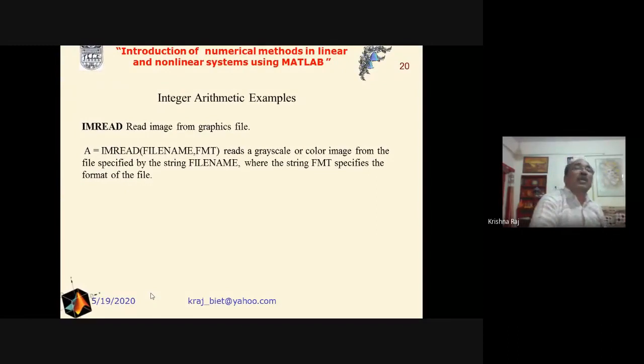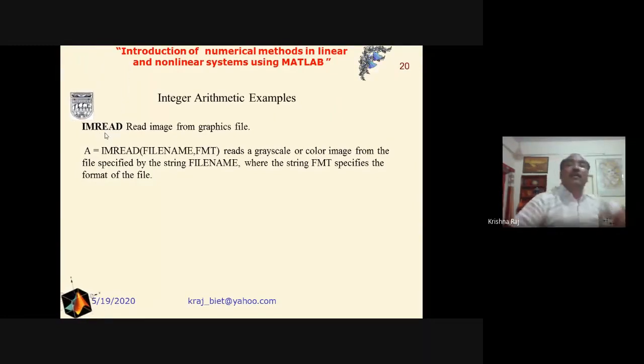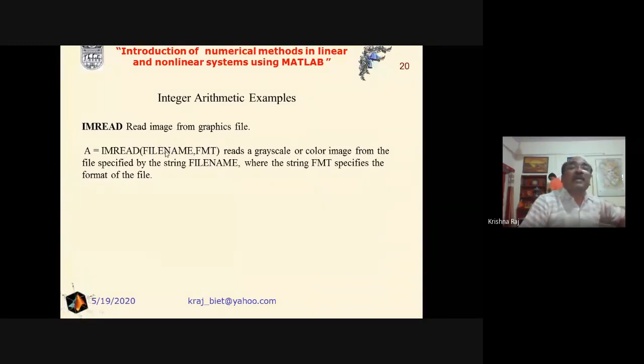So how will the image be converted into matrix form? For that, we will use the command imread. This is just an example. Here imread is the command that will convert the image into a matrix, and FMT is the format that will be followed, and the file name is the name of that image.